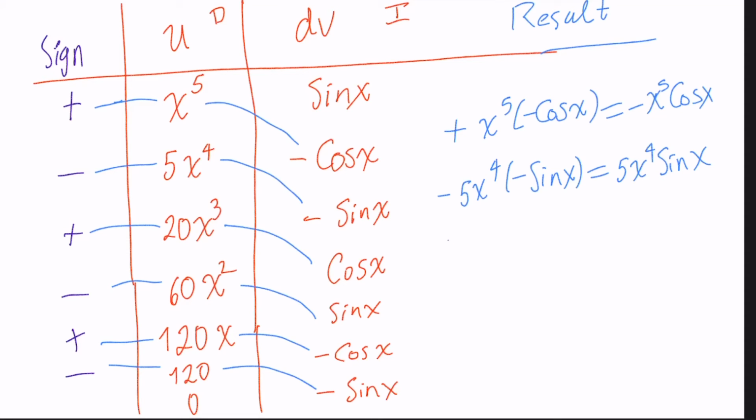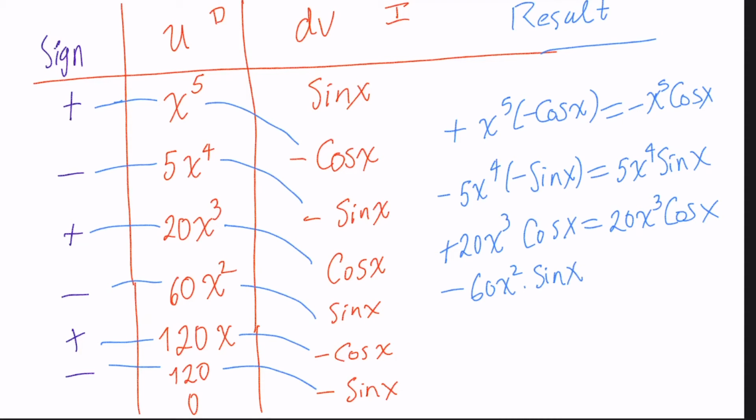Now the same, plus 20x to the cube cosine of x. This is okay, no change. Cosine of x. Here, minus 60x squared times sine of x is equal to minus 60x squared sine of x.